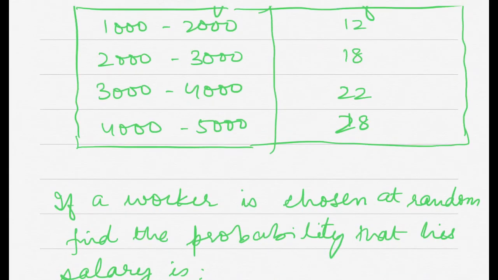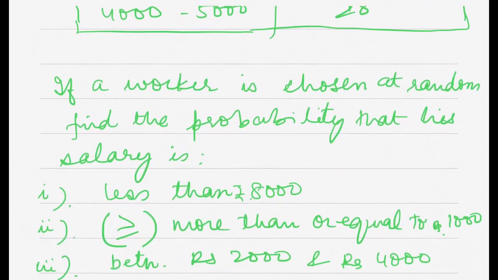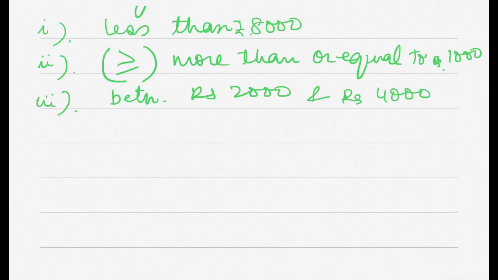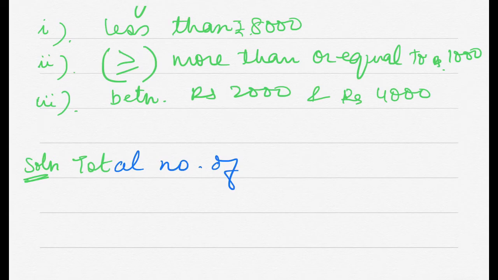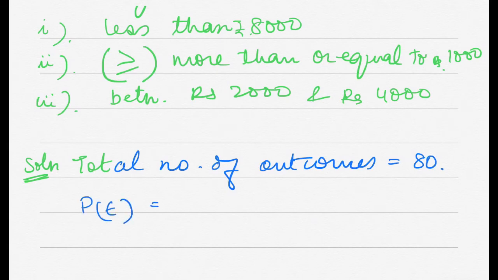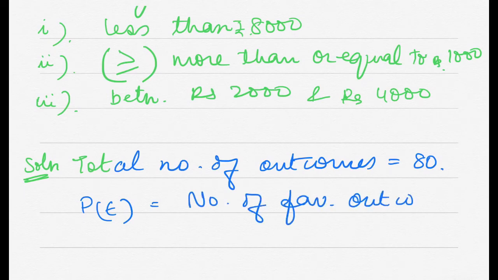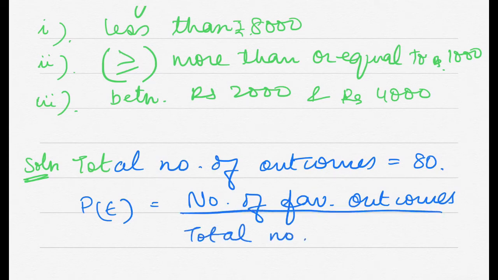So now this is the table given to us, and I have to find out the first part. First, the total number of outcomes. So in the solution, the total number of outcomes is 80. That has been given in the question. Then I have to write down the formula: number of favorable outcomes by total number of outcomes.